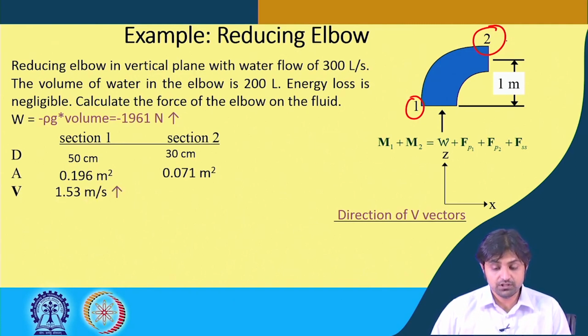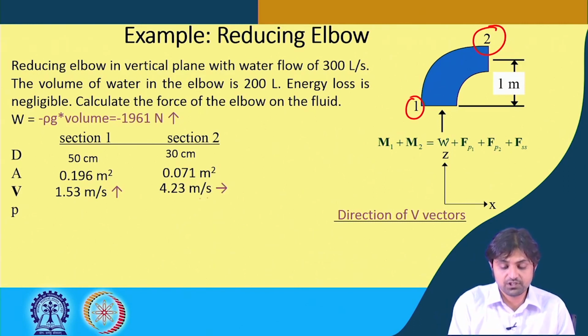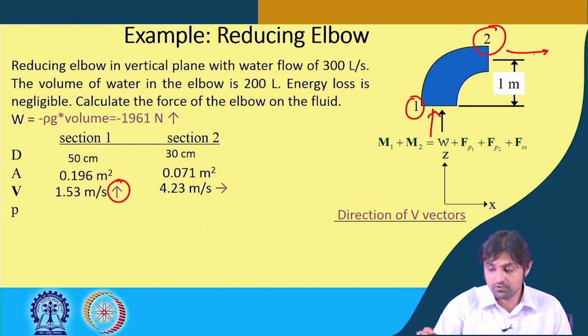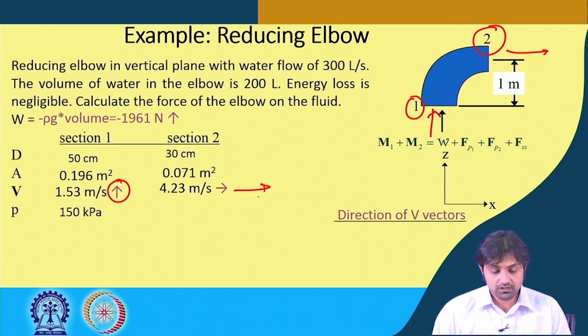We know the discharge and we know the area, therefore we will know the velocity, and similarly for section 2. This is the velocity direction at section 1 and this is the velocity direction at section 2, in this way. Now the pressure is 150 kilopascal.